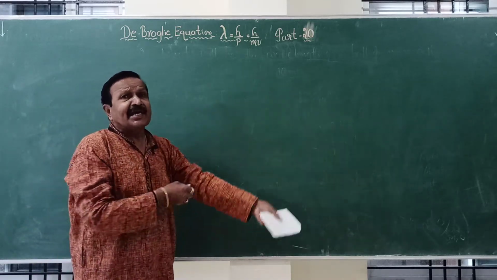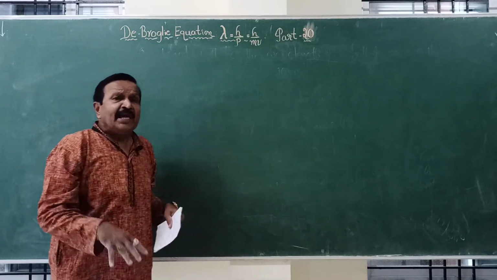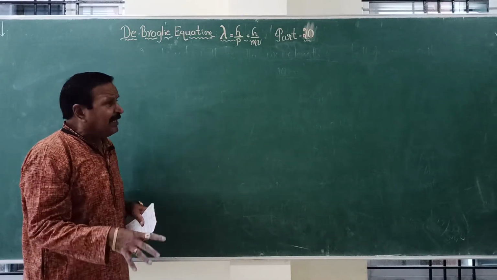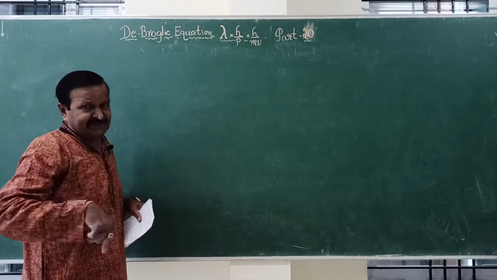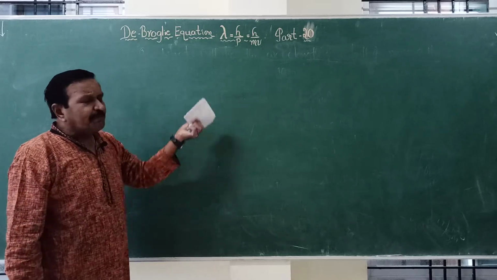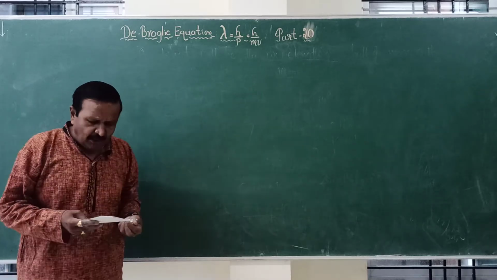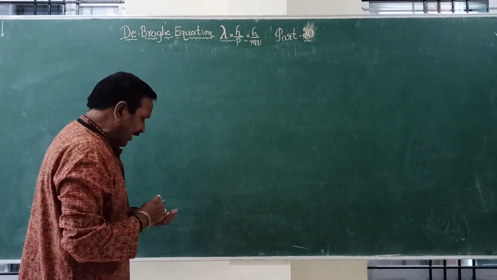Bohr tried sincerely to give the position and energy of the electron in terms of orbits or circular paths. But this was proved wrong because of another scientist who came in the way.